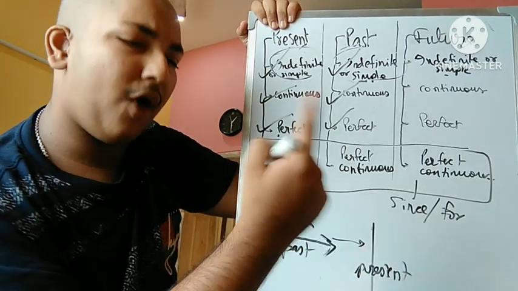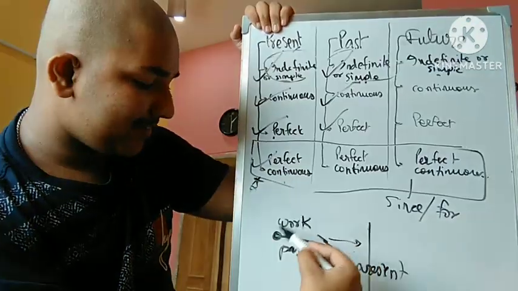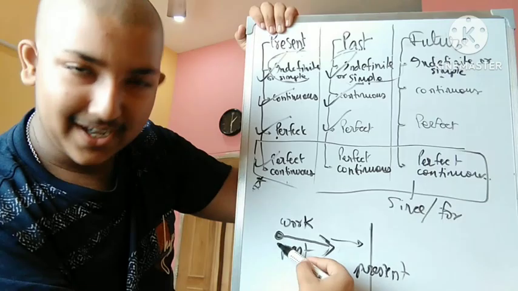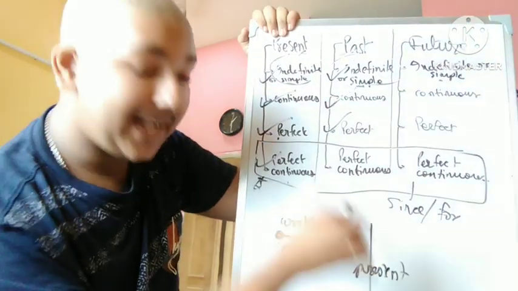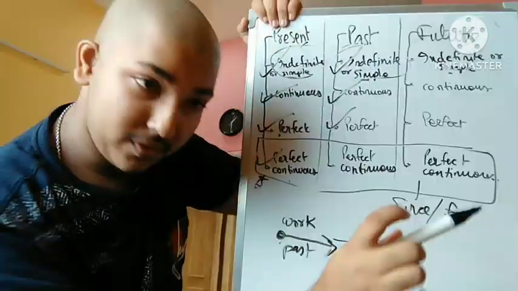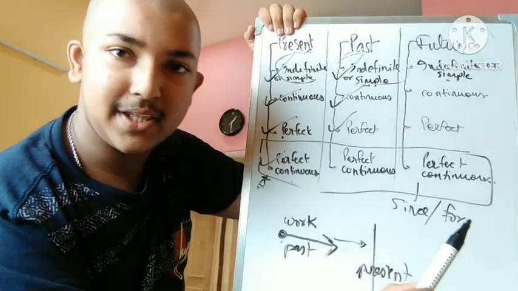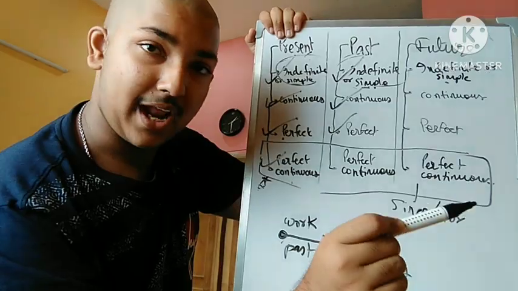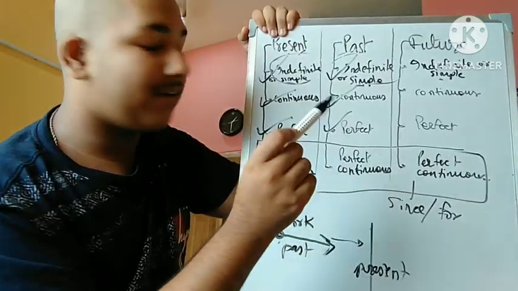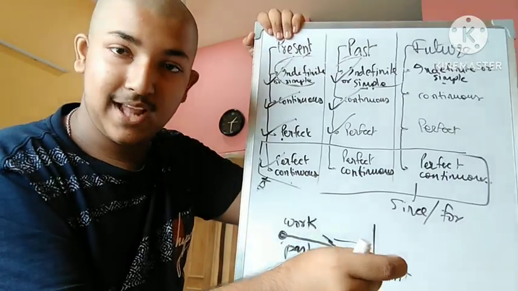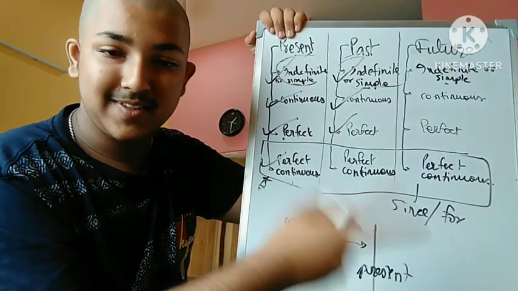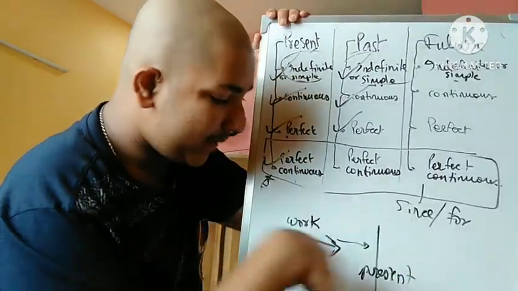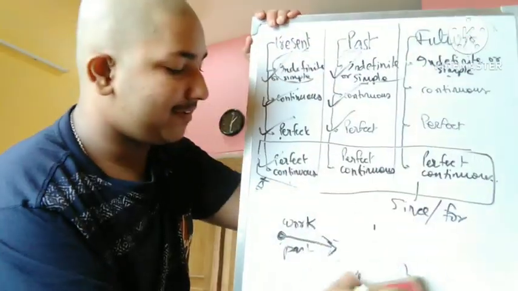I started something and I was still doing that in the past. In the case of present tense, I say that I am still doing that. Here I will say that I was doing that. This is pretty clear to you. Okay, I am erasing this.